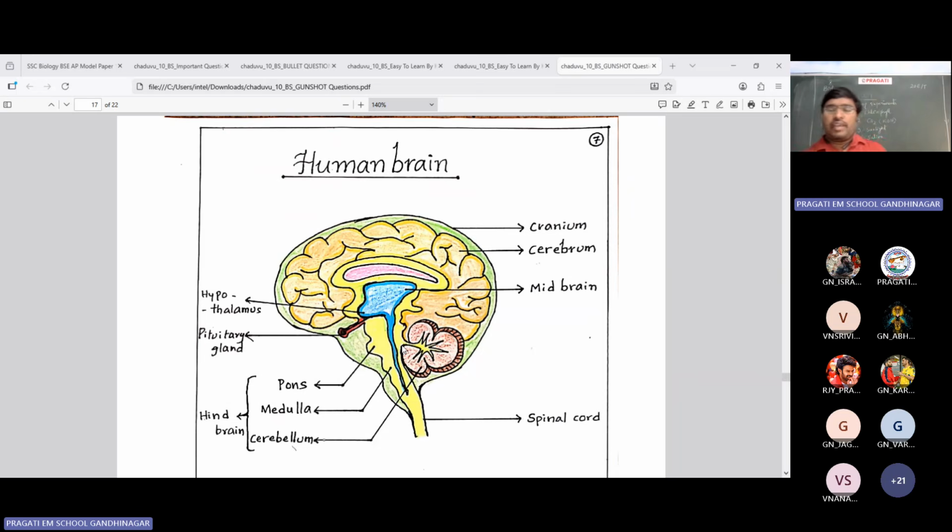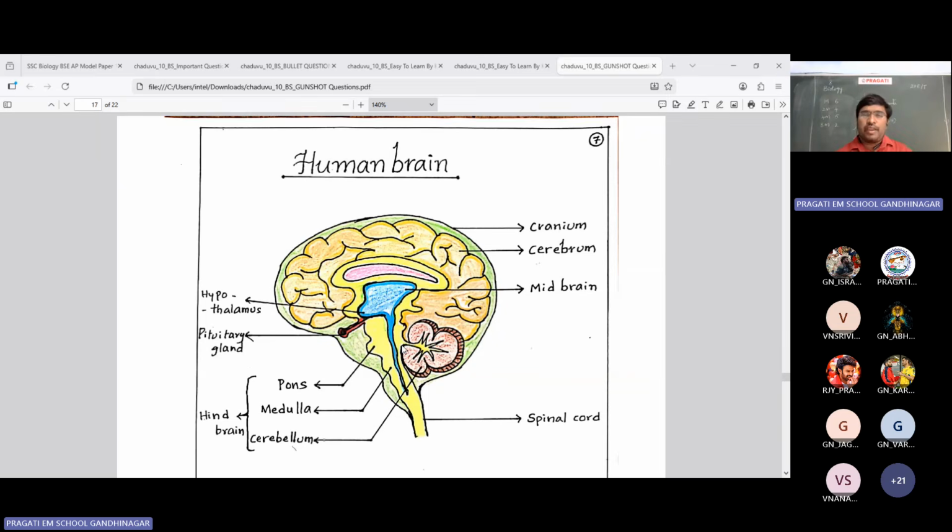One more important diagram is the brain. See, children, the clear labelings are important. Forebrain, midbrain, and hindbrain. The forebrain coordinates all voluntary functions.